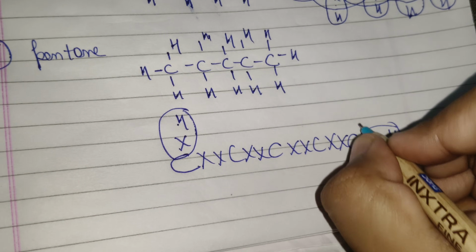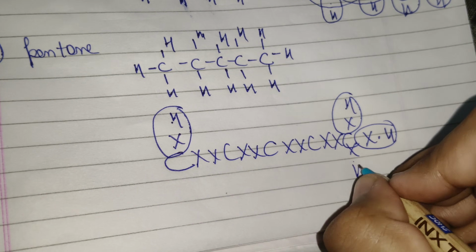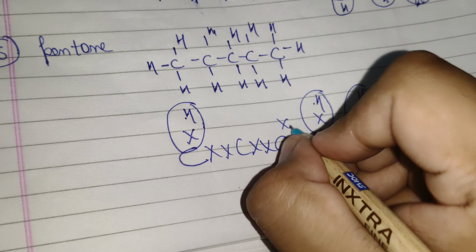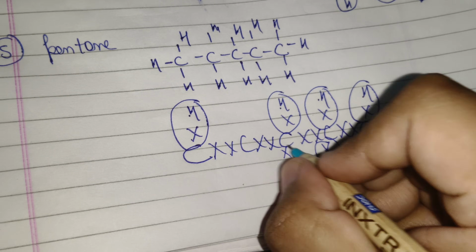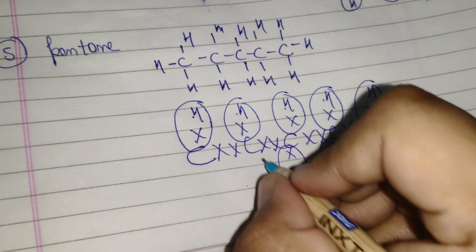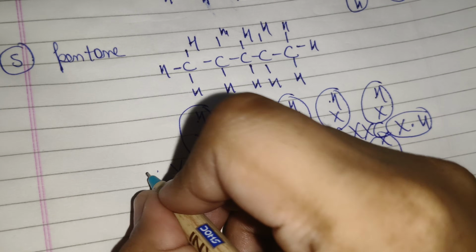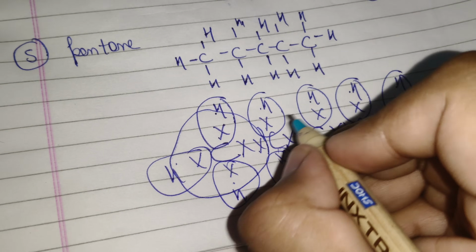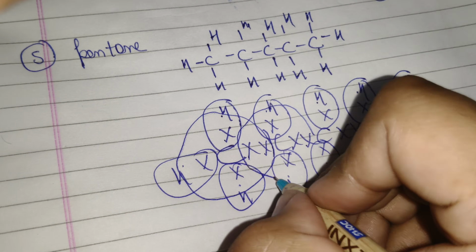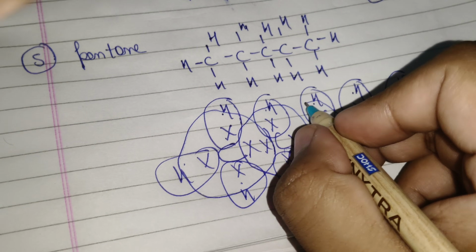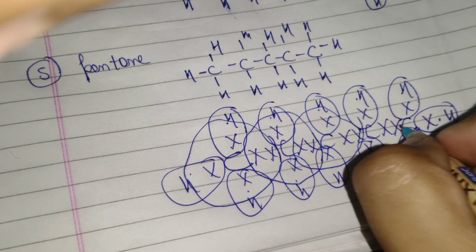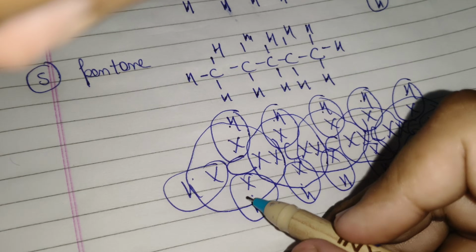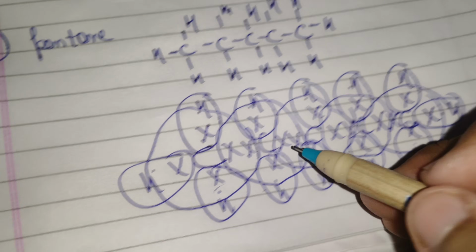Now the hydrogen orbital. So basically this is the structure 1 2 3 and 4 5. 1 2 3 4 5.